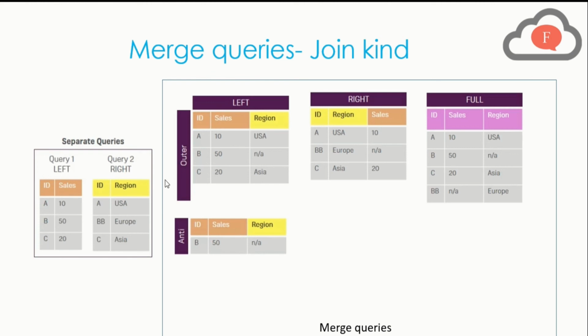If your question is, I want to know what in query 2 is not available in query 1, then in the B section the Europe region is not available. So you could see here. If I create a right anti query, in which I want to know what in the right query is not available in query 1, you could see sales is not available for BB, because it's not available as a B. So this is how it works.